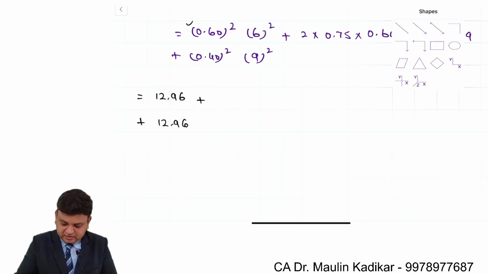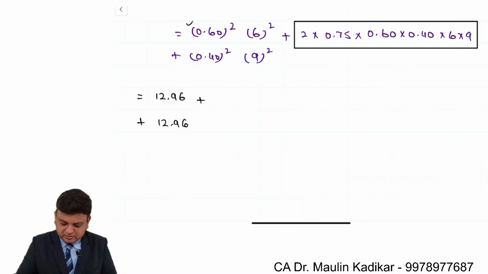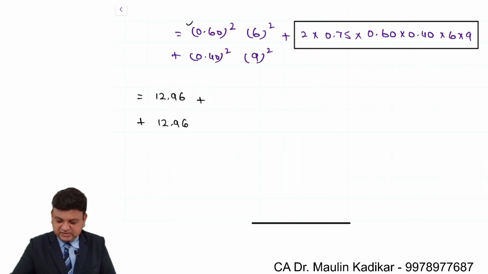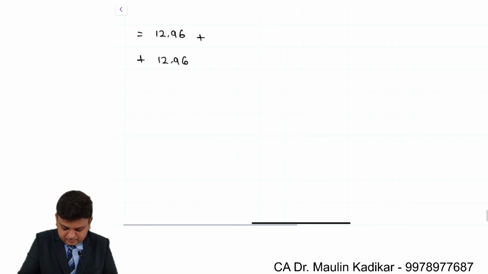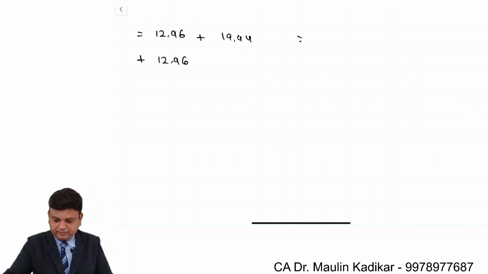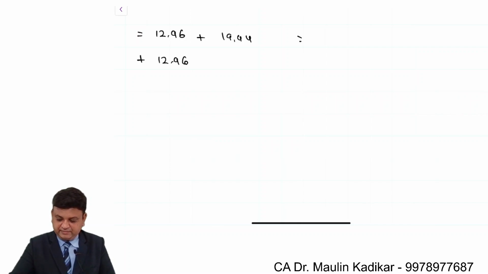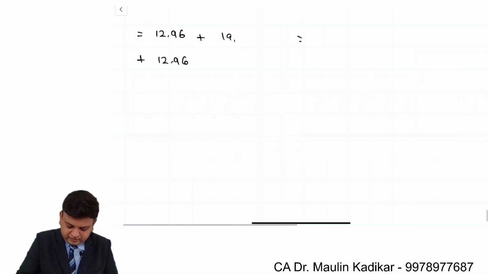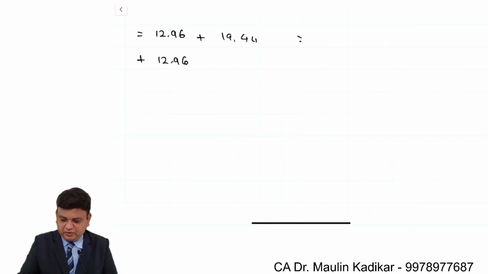Plus the product of all these values: 2 into 0.75 into 0.6 into 0.4 into 6 into 9, that is 19.44. So 12.96 into 2 is 25.92, plus 19.44. That is the way we compute the variance of the portfolio: 45.36.